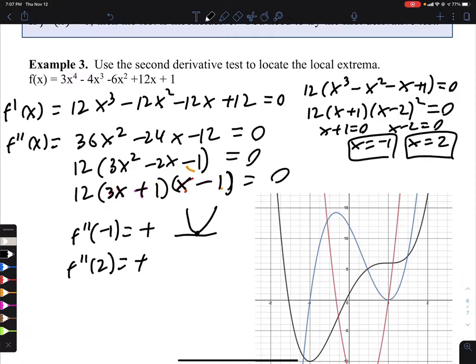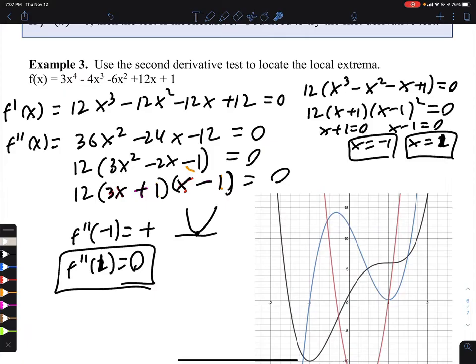Oh, that's why I'm confused. That's actually 1 here, not a 2. So this is a 1. And if you plug in 1, it's going to come out to be 0. Watch. 1 minus 1 is 0. 0 is inconclusive, so you don't know what's happening at 1.